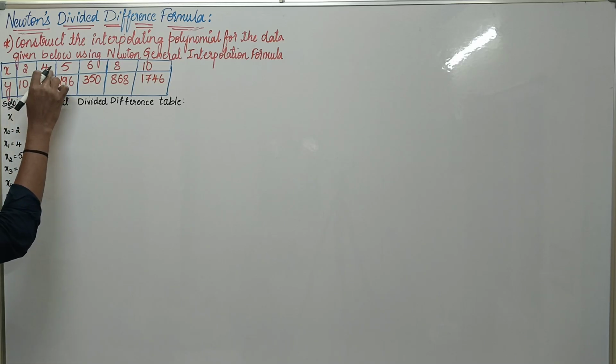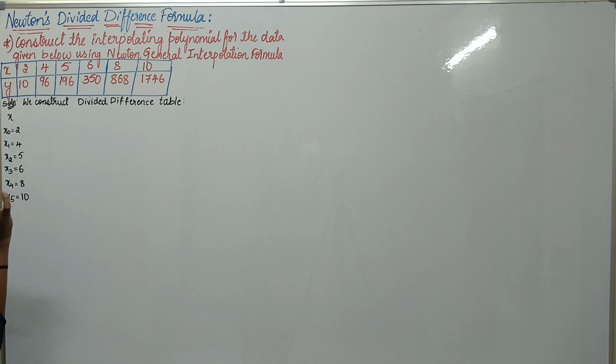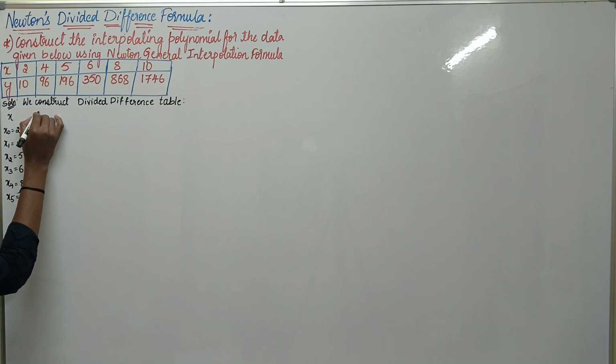See, x0, x1, x2, x3, x4, x5. Done. Now let us go with the f.